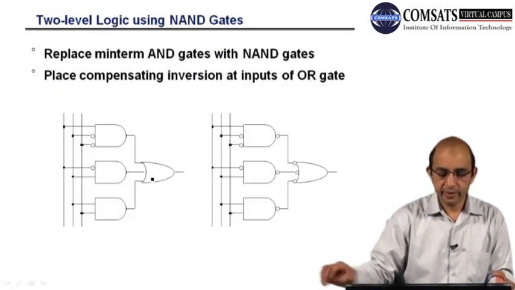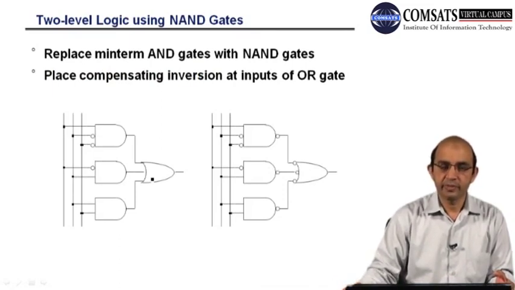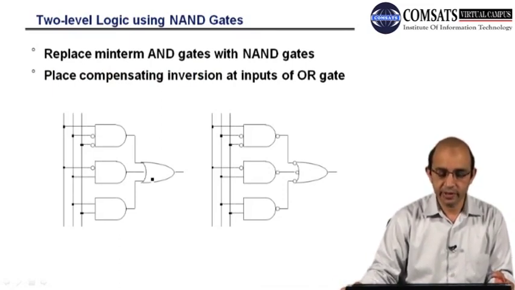Here we will be adopting the same sort of procedure whenever we have to replace them with NAND. Here you can see we have AND OR logic, so we will adopt the same methodology. We will place the bubbles, or we can say we will push the bubbles.